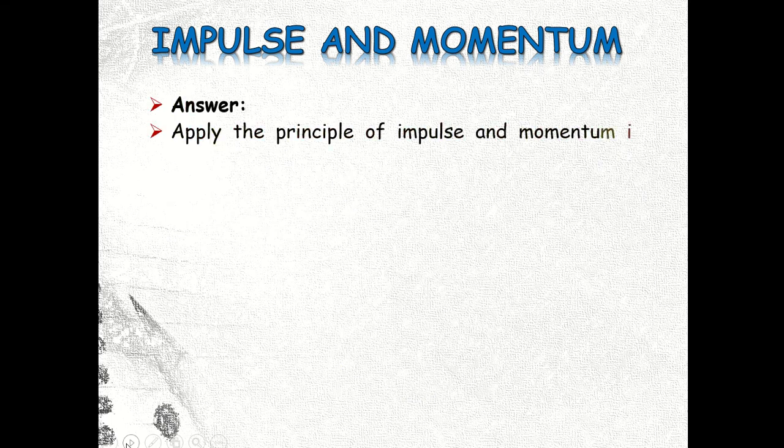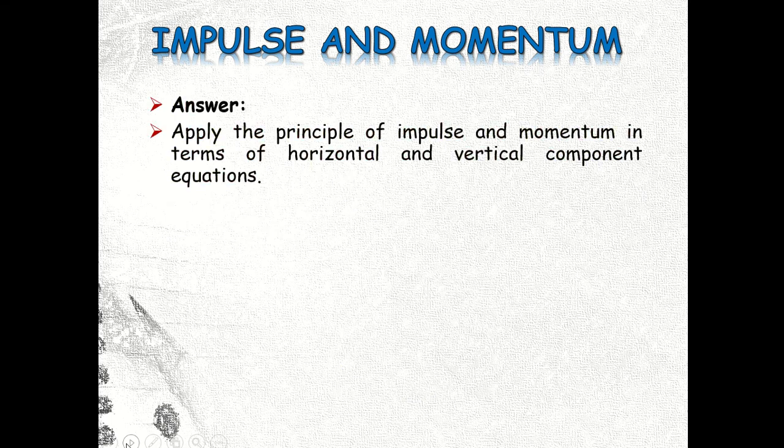To apply the principle of impulse and momentum in terms of horizontal and vertical component equations. So we have here the illustration, class. The ball is coming in the left direction, and the bat goes to the right, opposite the direction of the ball, at an angle of 40 degrees with a velocity of 120 feet per second.